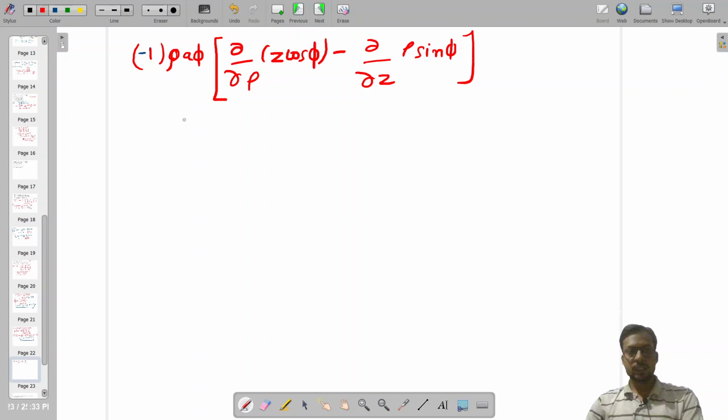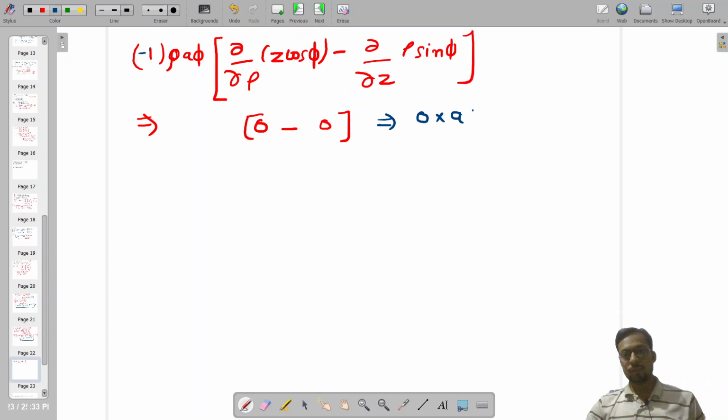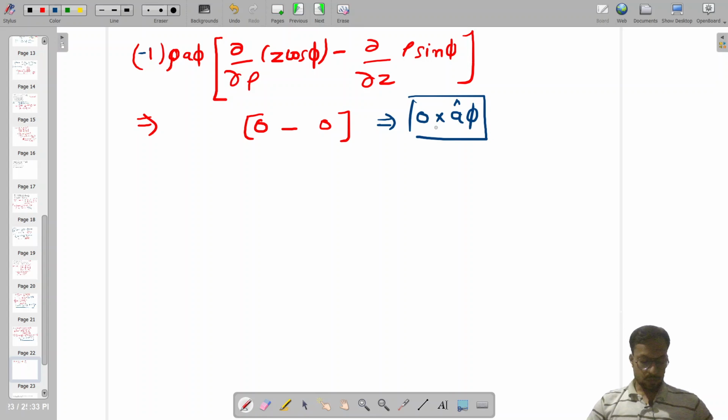Evaluating this differentiation, it will be 0 minus 0 and the result is 0. So the phi component is 0, 0 into a phi. So we don't have the phi component.